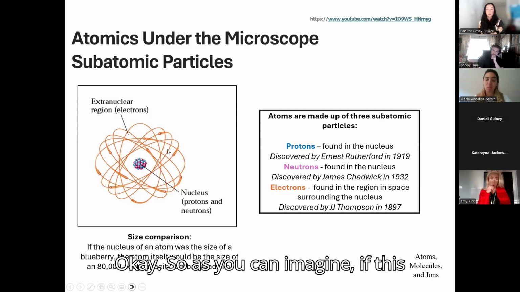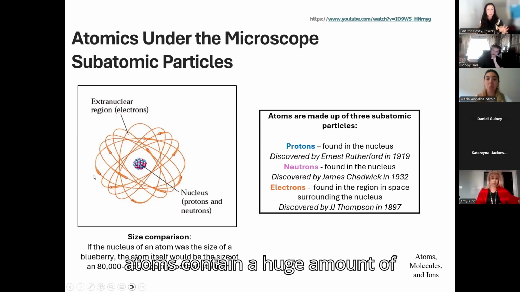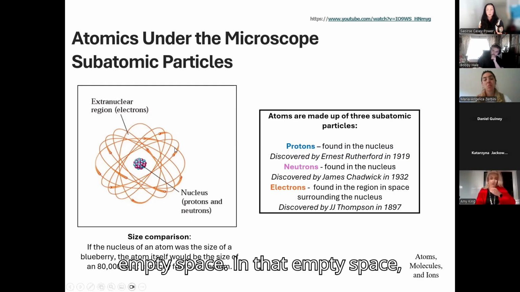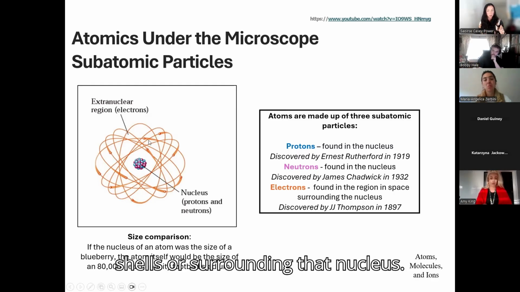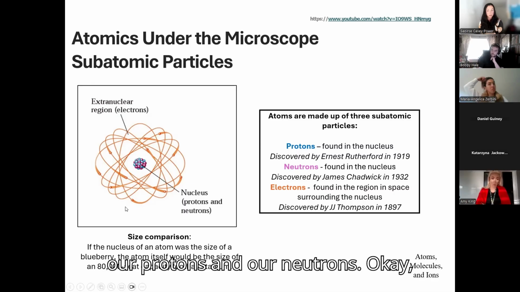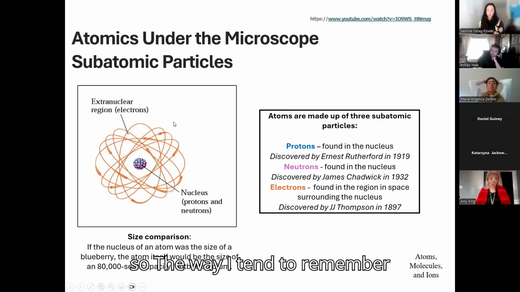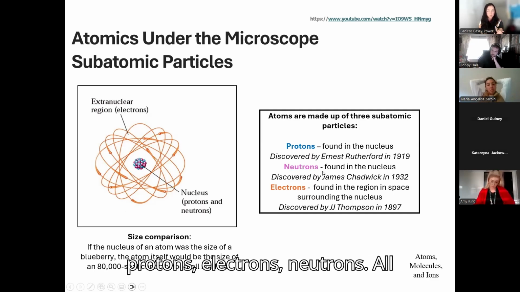So atoms contain a huge amount of empty space. In that empty space, electrons are flying around in the shells surrounding the nucleus, and in the dense nucleus we have our protons and neutrons. The way I remember the names is PEN: protons, electrons, neutrons.